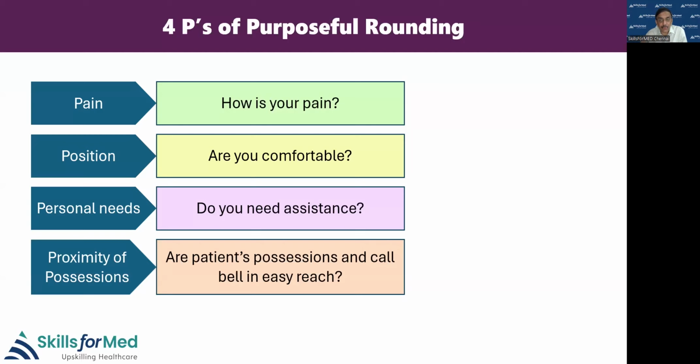So all these 4 Ps will make sure that the patient doesn't reach out for the call bell again, because you've already taken care of the patient's pain, you've taken care of the position, any personal needs you have addressed, and you kept all the things which they require close to them. So this is why the 4 Ps work.